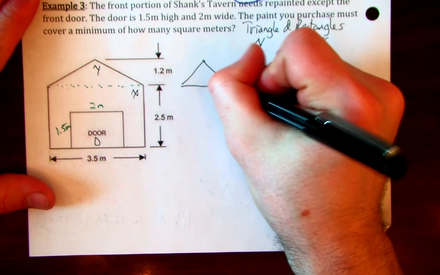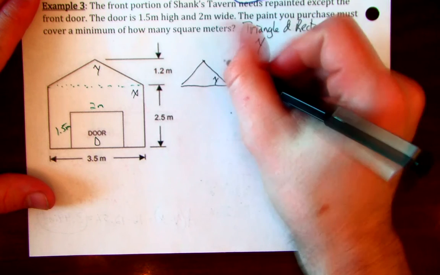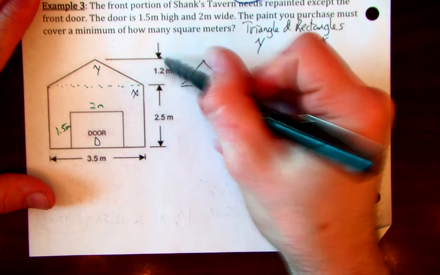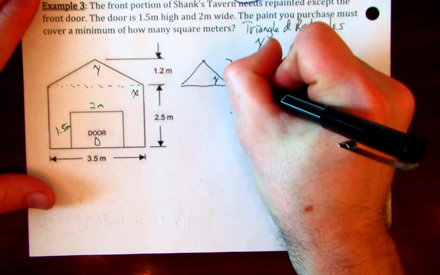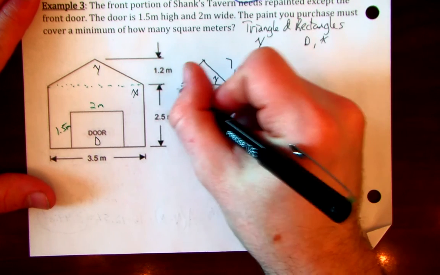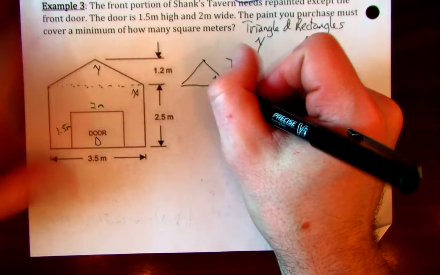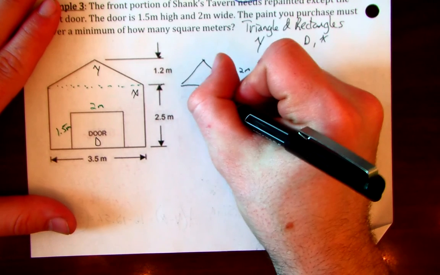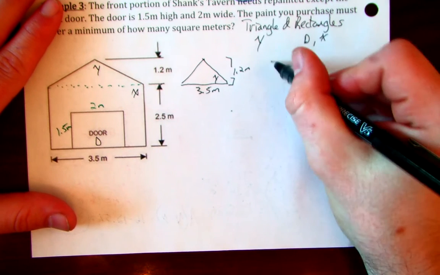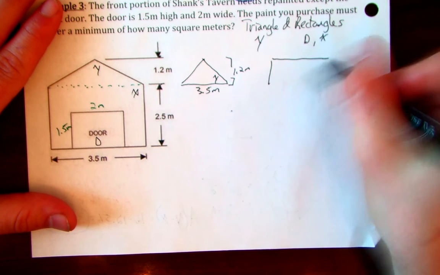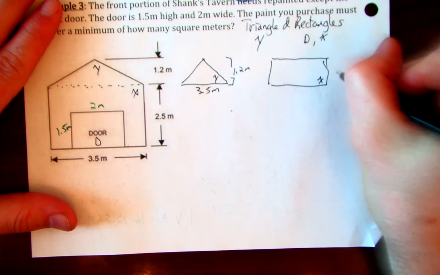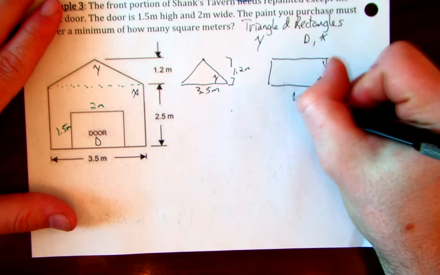We have Y. Well, what do we need for that? Well, we have the height of this. Well, it says it right there. The height from the top of the house to the start of the roof, that's going to be 1.2 meters. And the base of the roof, well, that's going to be the base of the house as well, so it's going to be 3.5 meters. Then we have the front side of our rectangle X. That's going to be the length times the width.